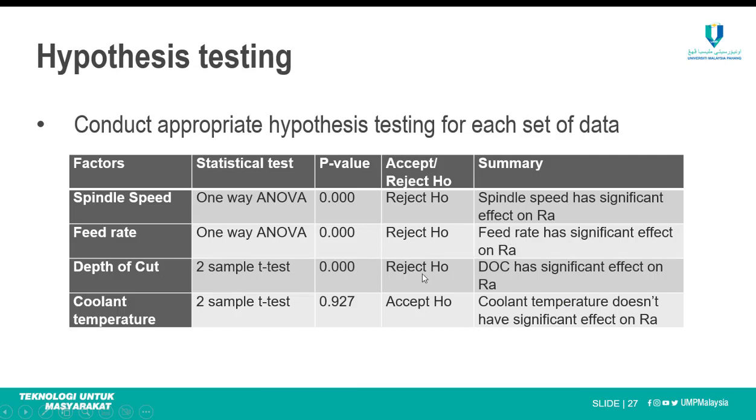For depth of cut, we also reject the null hypothesis, but for coolant temperature, we get a p-value of 0.927. In this case, since the p-value is larger than alpha, we accept the null hypothesis. So for this parameter, the coolant temperature doesn't have a significant effect on surface roughness.